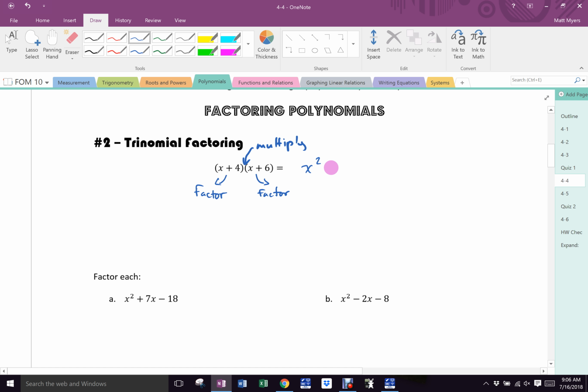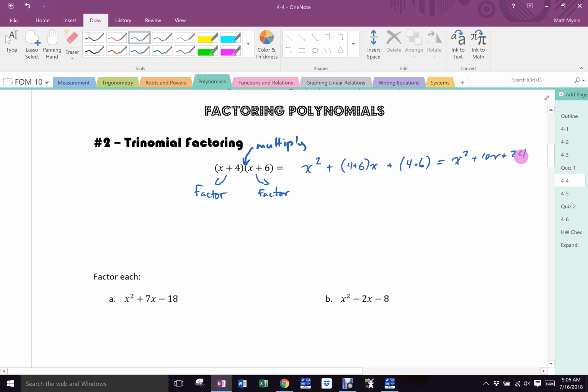x squared plus, and then I add 4 plus 6 with an x, right? And the last part is 4 times 6, correct? Which takes me to x squared plus 10x plus 24. Is everybody good?